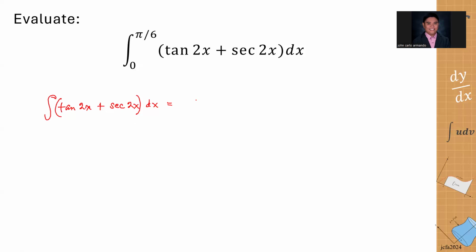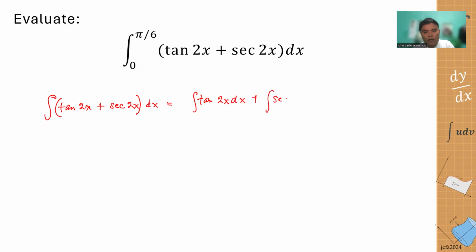So therefore, that becomes the integral of tangent 2x dx plus the integral of secant 2x dx. The integral of tangent 2x is ln absolute value of secant x, but we have 2x here, so that becomes 1/2 ln absolute value of secant 2x.